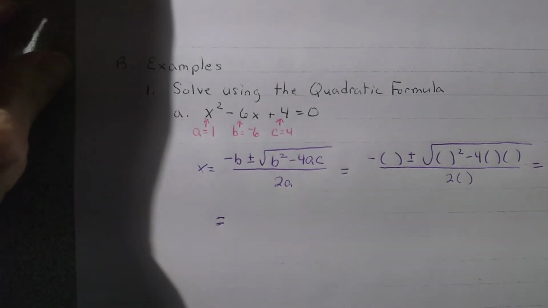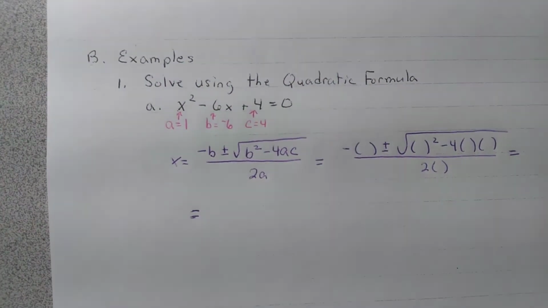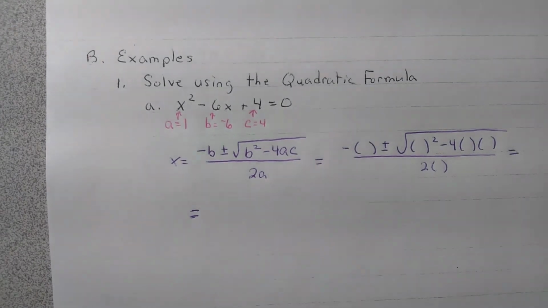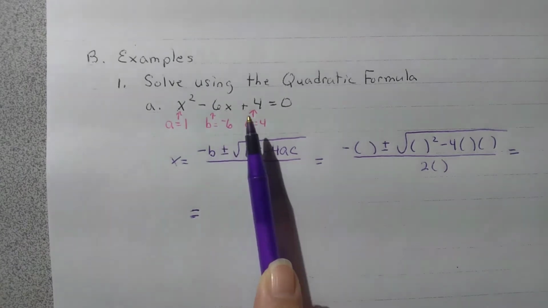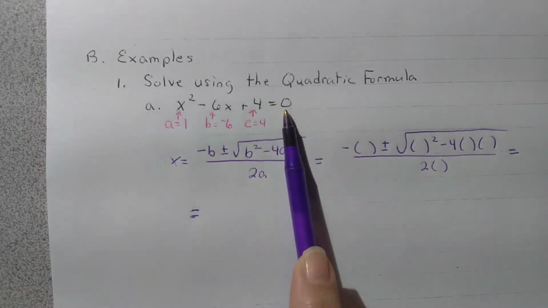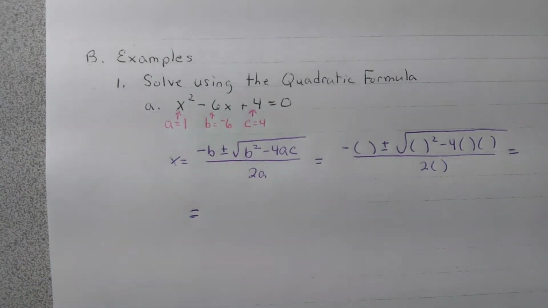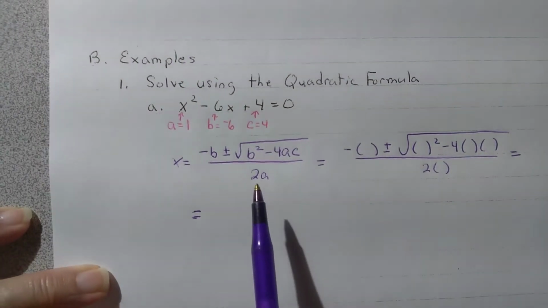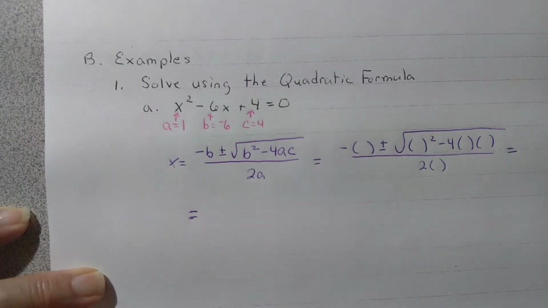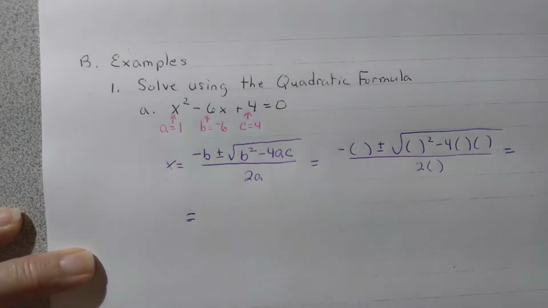Okay, with that said, let's get started with some examples. Our first example, we have identified our A is 1, our B is -6, and our C is 4. The reason I can do that is because it's already equal to 0. Here I have the quadratic equation, and I'm about to plug in A, B, and C where they belong.